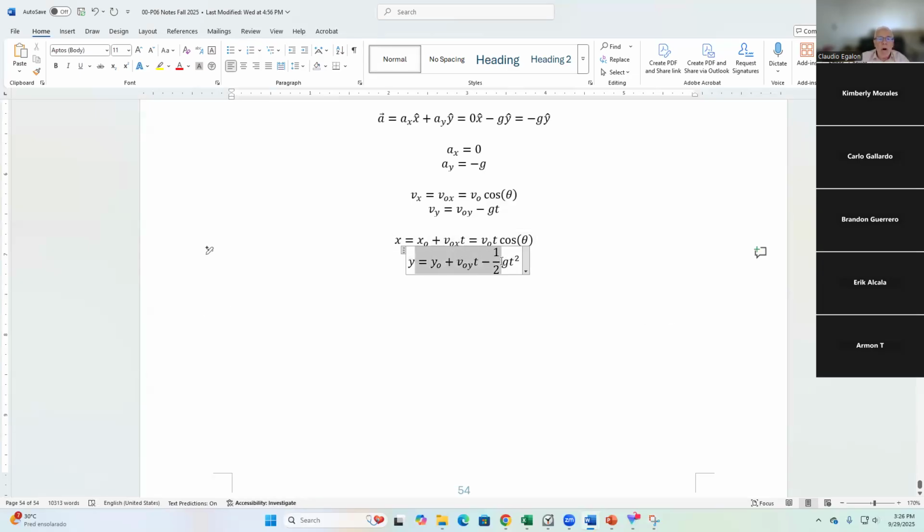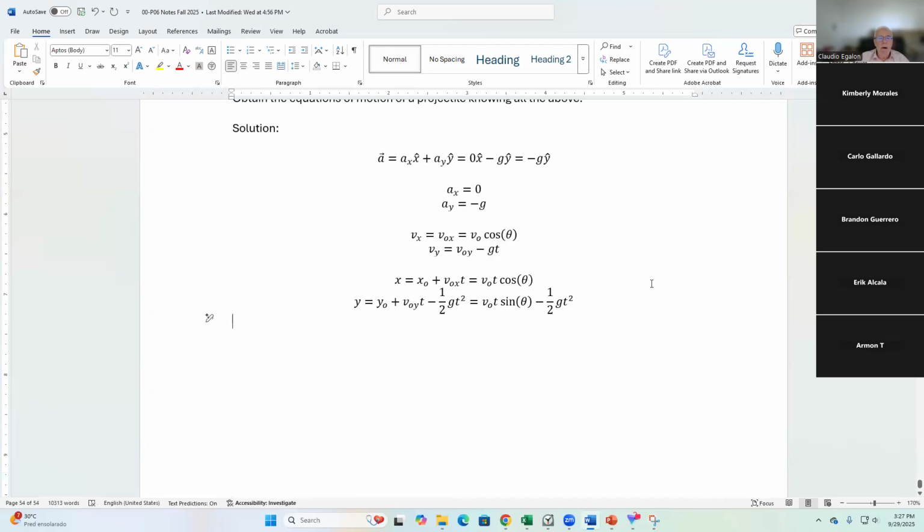Just like before, the projectile is at the origin of the axis, right? Here, v naught sine of theta, like that. So we are getting our equations of motion.